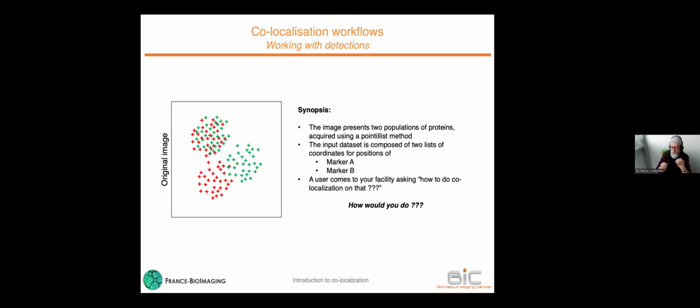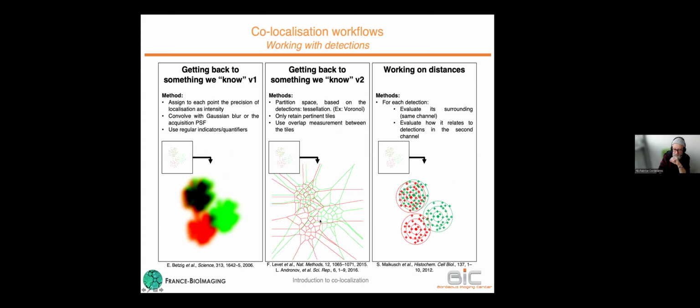So of course, in this kind of situation, you won't have a direct overlap between the objects. Therefore, if you want to use the regular methods, especially when working in super resolution microscopy, you must degrade somehow the image that you get.